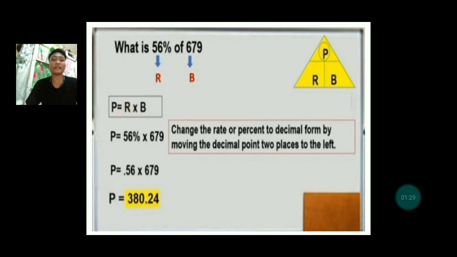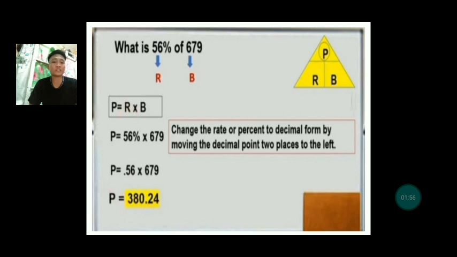So the formula is P equals R times B. Copy the given. The 56 is the rate. So copy 56%, then times the base, which is 679. So 56% times 679.